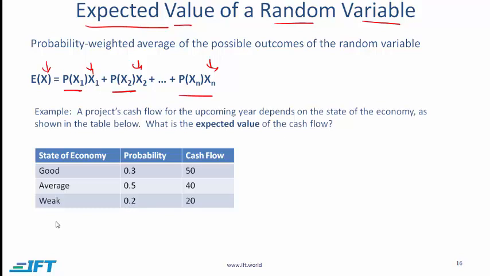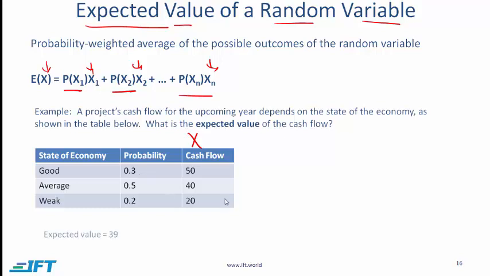So what is the expected value of the random variable? The random variable x is the cash flow. So what is the expected value of the cash flow? Clearly, the expected value should depend on these numbers, 50, 40, 20, and it should also depend on the probabilities.